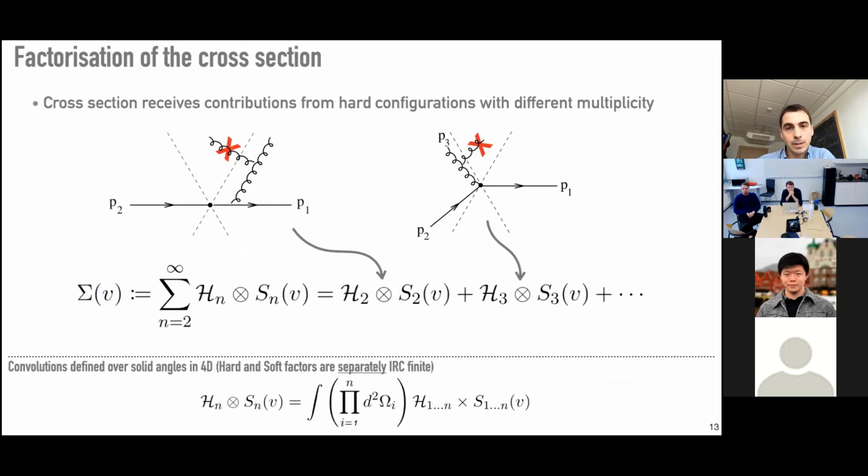So one convenient way to do this is to observe that, as I mentioned before, non-global observables by definition treat differently the radiation in different kinematical regions. So for the problem at hand, this means that inside the jets, the radiation is unvetoed and can be arbitrarily hard.